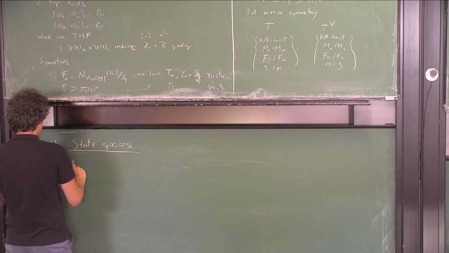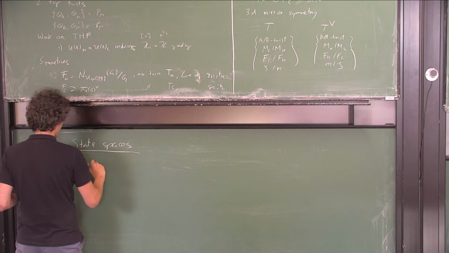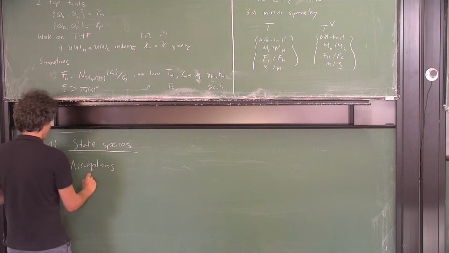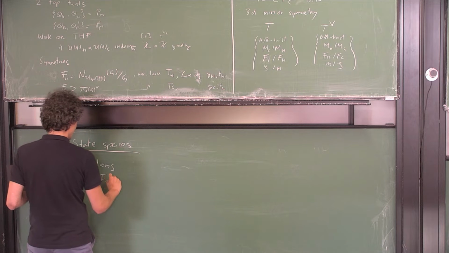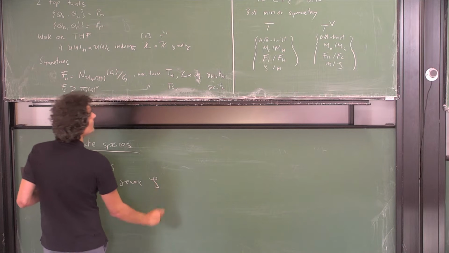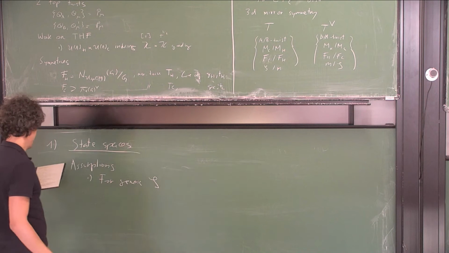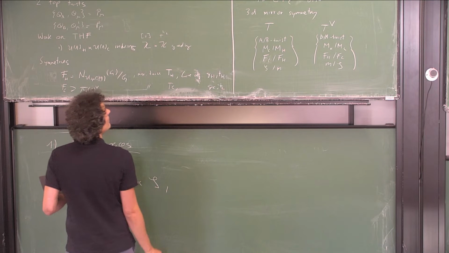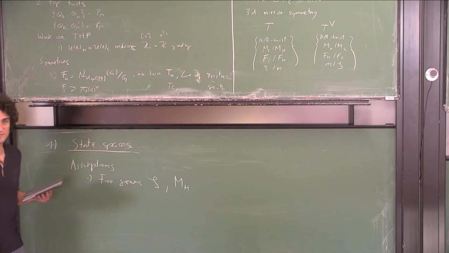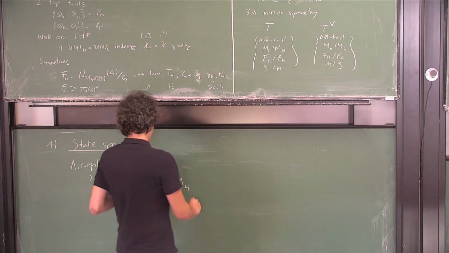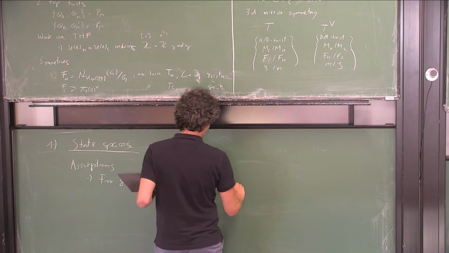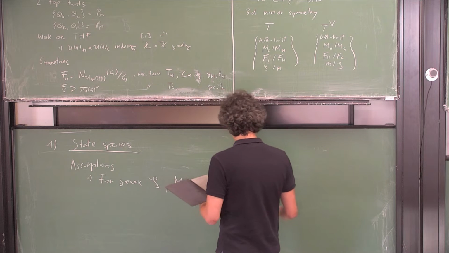In particular, I'm going to assume that for generic zeta, where zeta was my FI parameter, the Higgs branch M_H that I defined there in terms of a stability condition determined by zeta is a smooth algebraic symplectic variety.